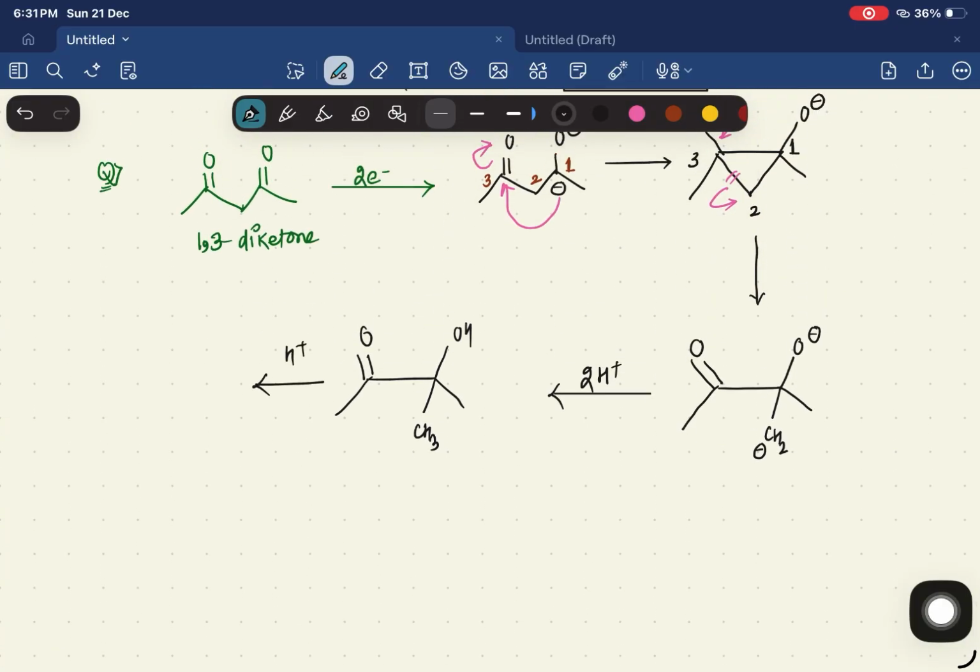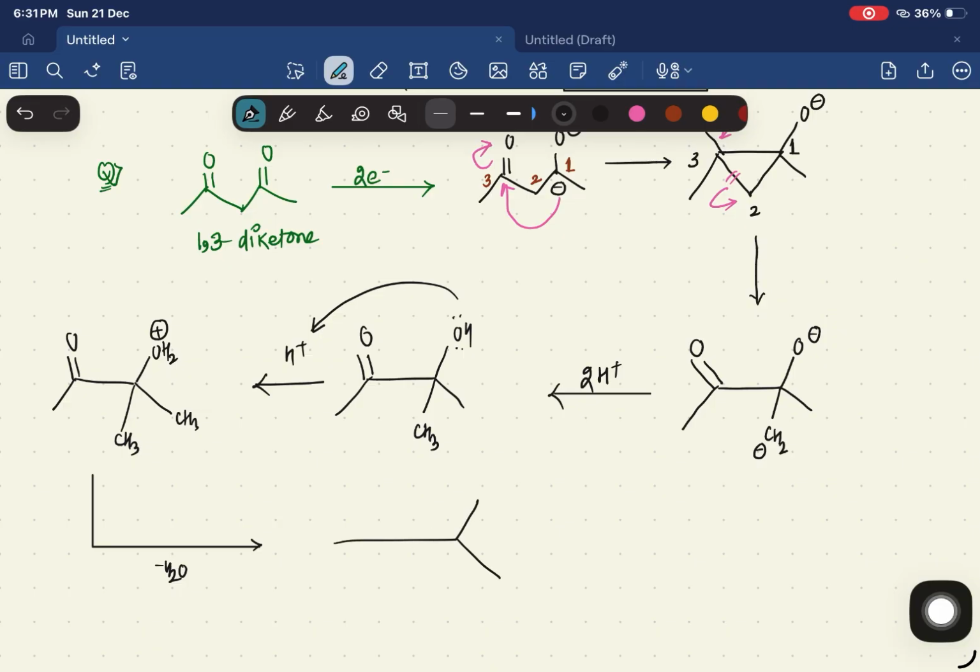Right guys, so here H plus is there, so this OH will react with this H plus, then we will get double bond O, here a methyl group, here OH2 plus, and a methyl group, and here another methyl group is also there. So what will happen here now? H2O will be removed, and a carbocation will be formed, right?